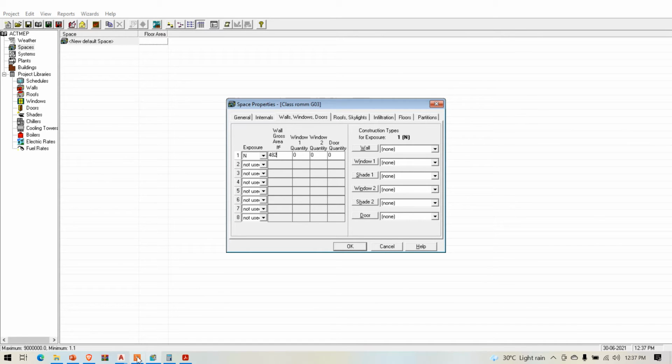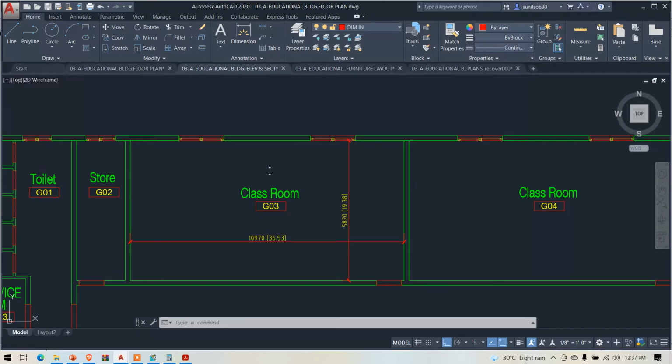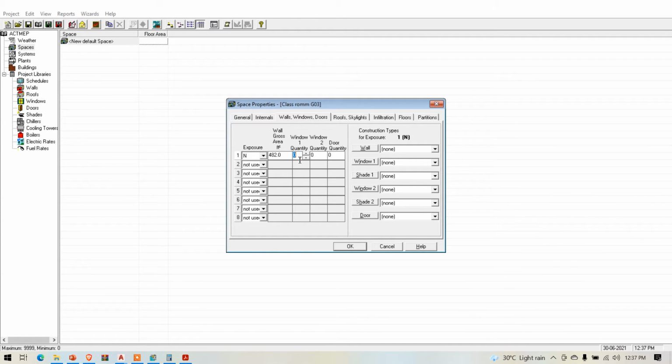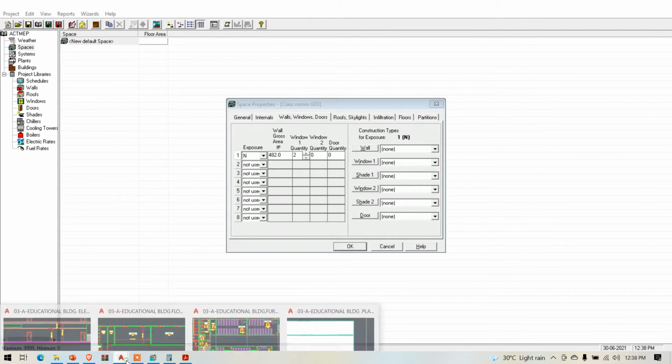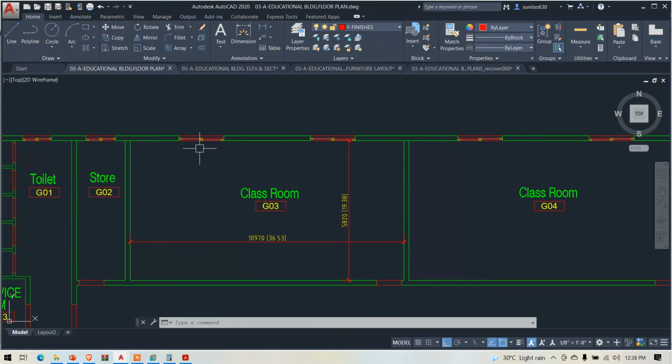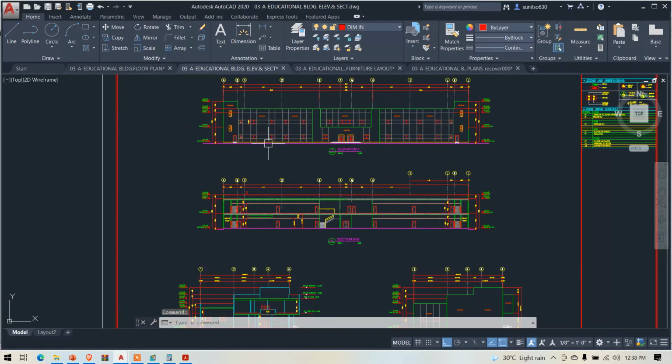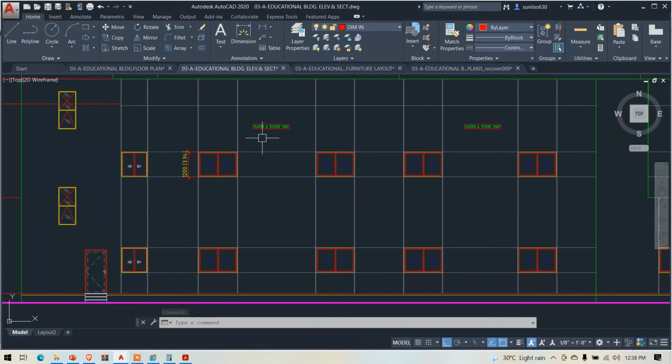In this plan, how many windows are there in total? Here one window and here one window, total 2 windows. Here the window quantity is 2, and here they are giving us a window 2 quantity. So what does window 2 quantity mean? In some projects, sometimes for one wall we get different sizes or different shapes of window.